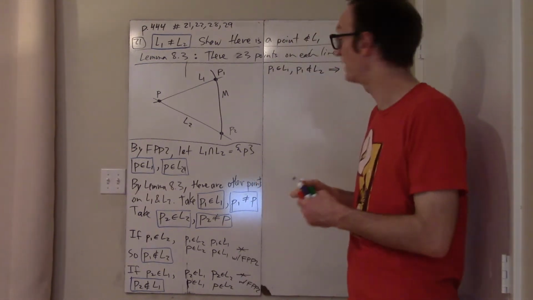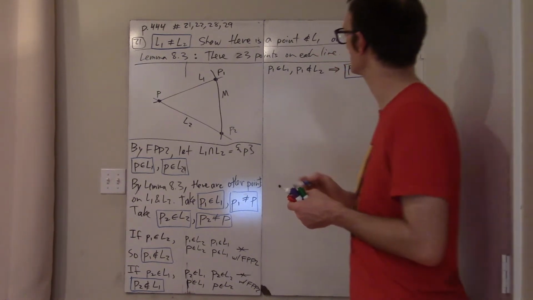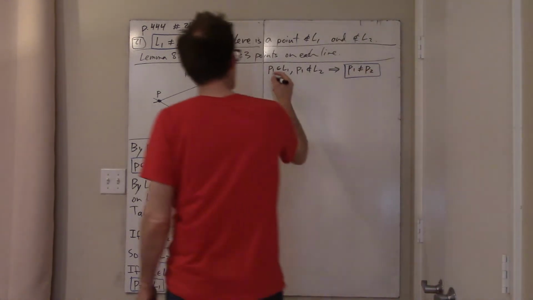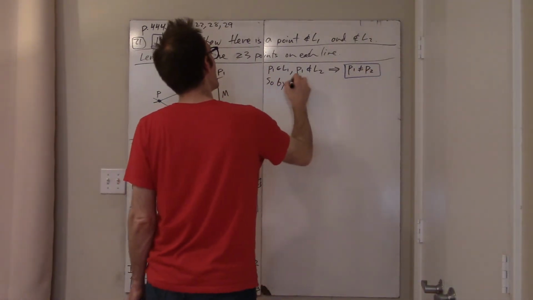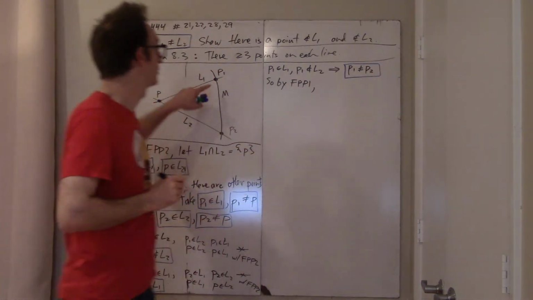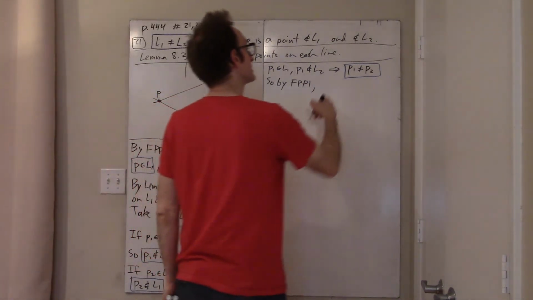And having taken the time to establish this, I may now invoke FPP1. By FPP1, we have a line M which goes through P1 and P2, because that's what FPP1 says. There's a line through every 2 distinct points.